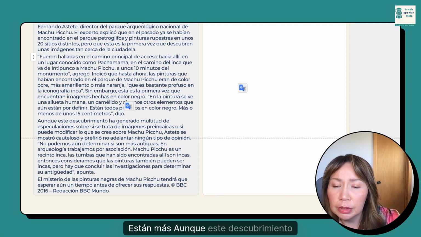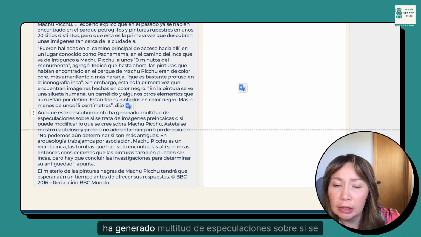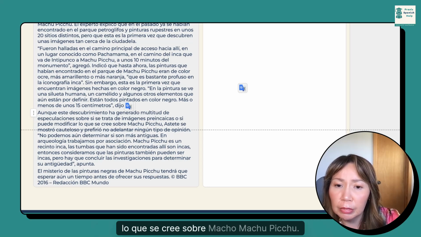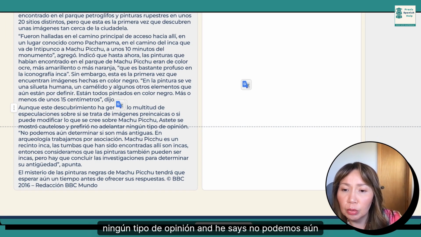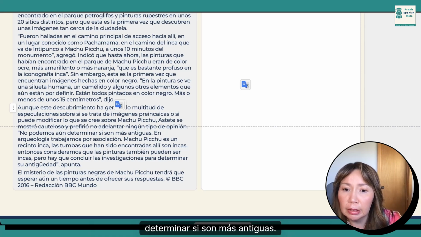Aunque este descubrimiento ha generado multitud de especulaciones sobre si se trata de imágenes preincaicas o si puede modificar lo que se cree sobre Machu Picchu, Astete se mostró cauteloso y prefirió no adelantar ningún tipo de opinión. And he says, no podemos aún determinar si son más antiguas.